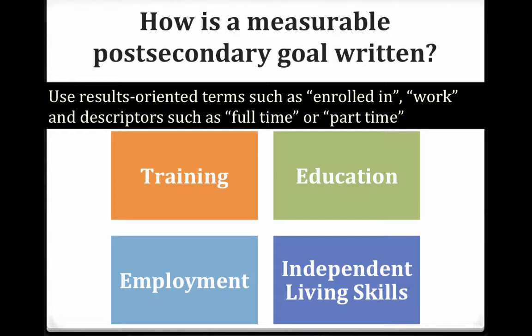We don't know what know his sounds means. Does it mean that he can identify them auditorily? Does it mean he can replicate them? Does it mean he can use them in words? We don't know. So just as we are very cautious with our academic goals and objectives, we need to be very cautious with our perhaps more non-academic, functional daily living skills types of goals and objectives to make sure that the information we're sharing is indeed measurable.